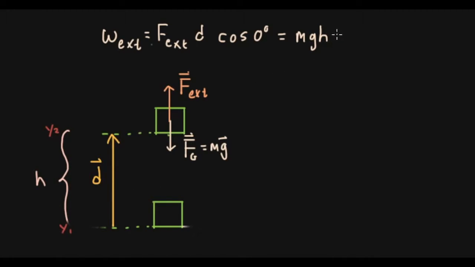In other words, we could also write more generally as the change in the height, y2 minus y1, which is h in our case. Okay, so this is actually the work associated with what we've done here moving, and we've seen this before.